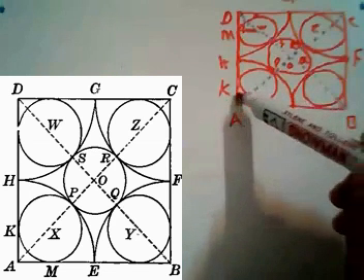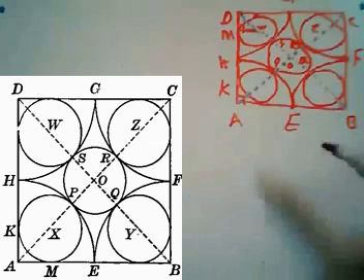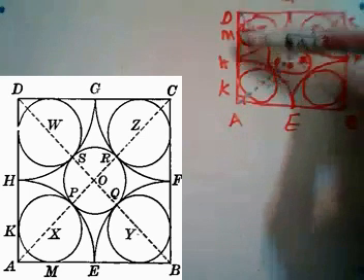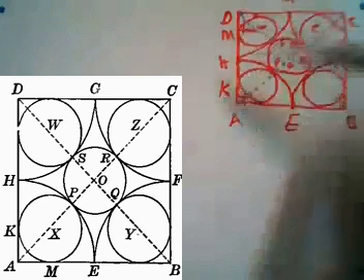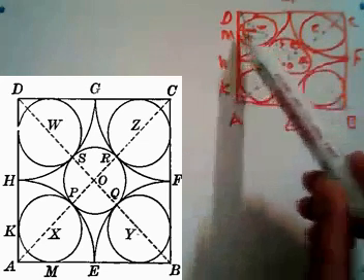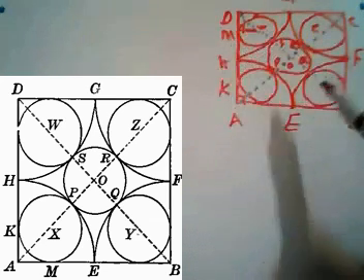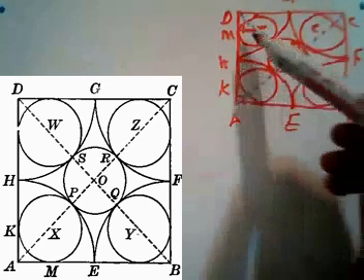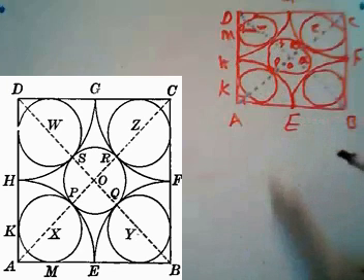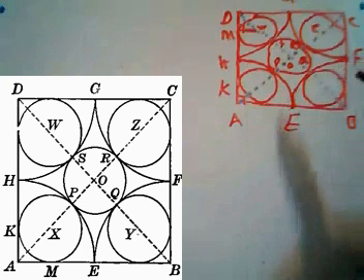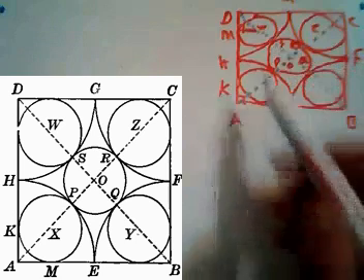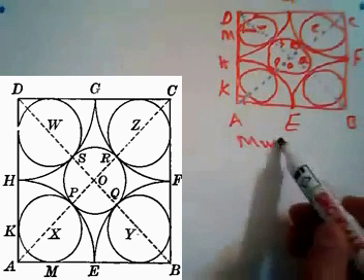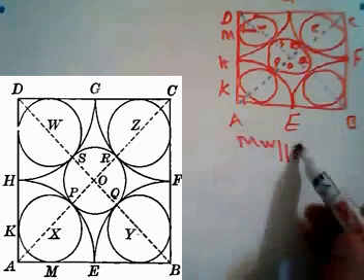Now here we got a line AD with two perpendiculars, and according to another theorem, these two perpendiculars should be parallel. So that means NW is parallel to AB.